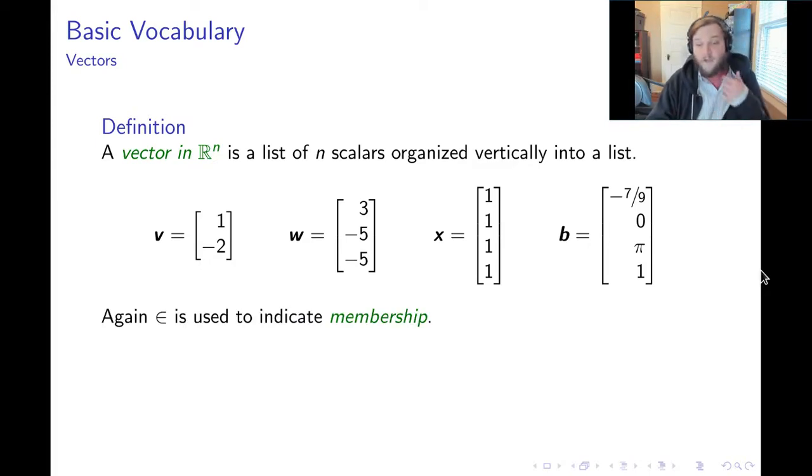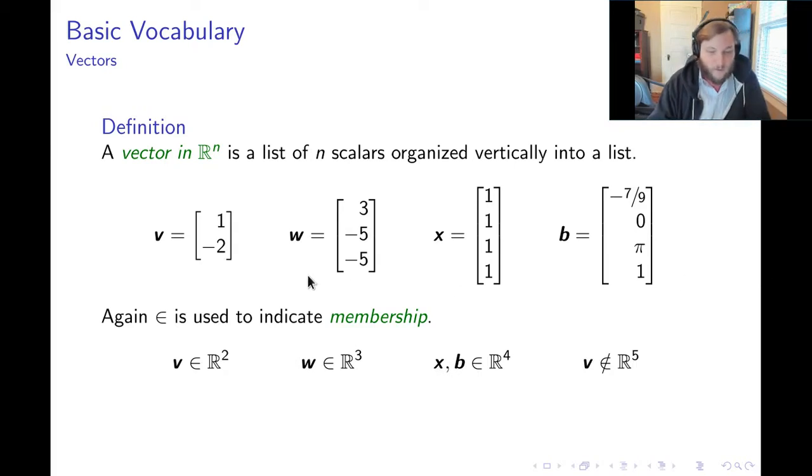Now, again, we use this fancy E notation to indicate membership. For example, our first vector v was a list of 2 numbers. So we would write v fancy E R2, v belongs to R2, to indicate that there were 2 numbers stored in this vector. Our second example was w, a list of 3 scalars, so it's appropriate to write w fancy E R3.